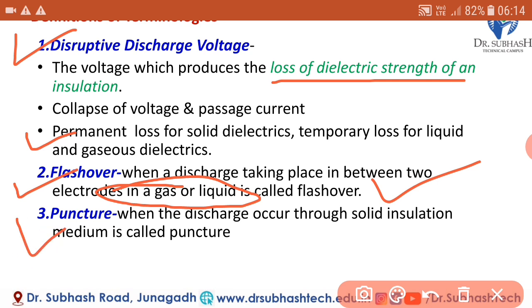Then puncture. When the discharge occurs through the solid insulation medium, it is called puncture. So keep in mind this thing. Whenever the medium is gas or liquid, then it will be called a flashover, and if the medium is solid, then it is known as puncture.